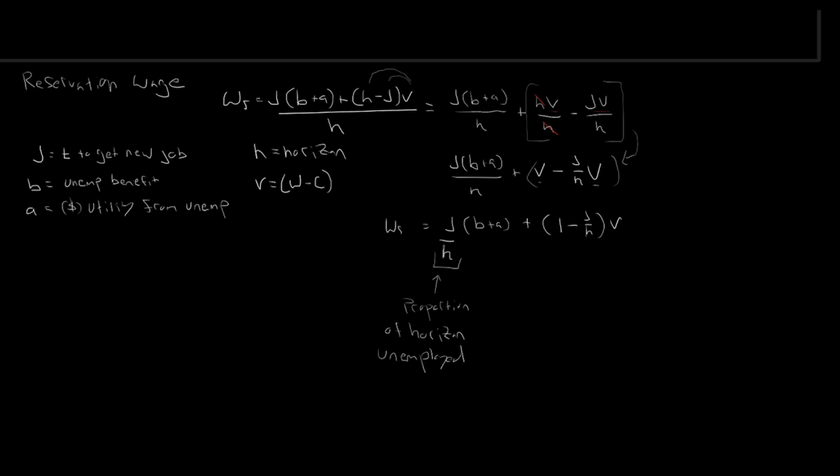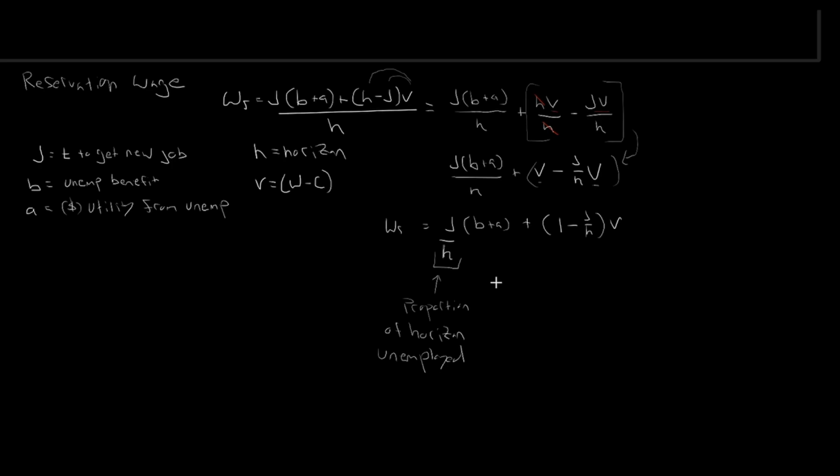So over your 10-week time horizon, maybe you would expect to be able to find a new job in 4 weeks. So the proportion of your time horizon that you could expect to be unemployed for if you were to lose your job would be 40%. That 4 weeks that you expect to take to find a new job all over your 10-week time horizon.